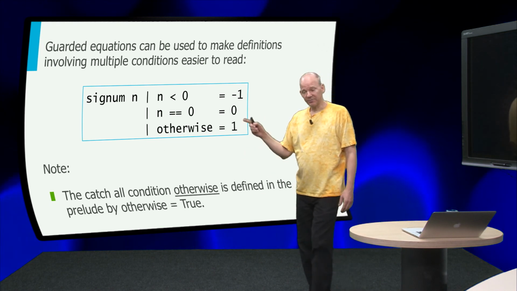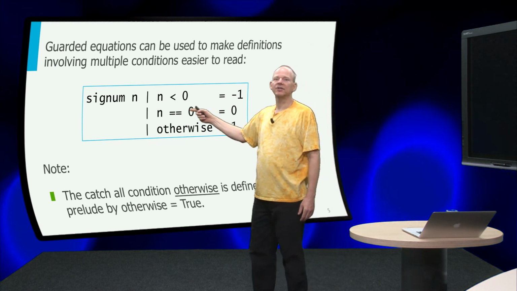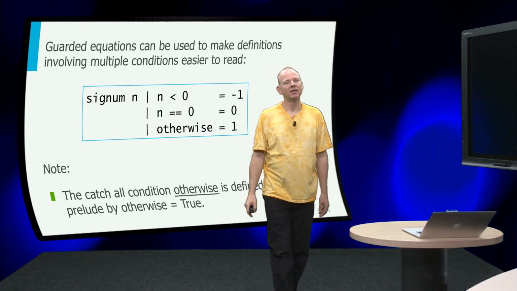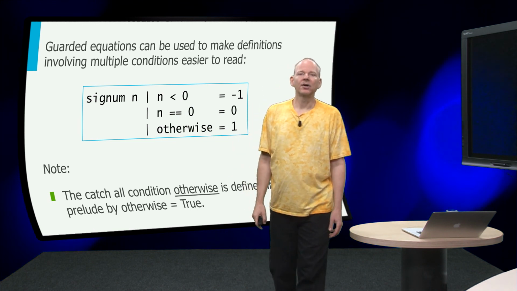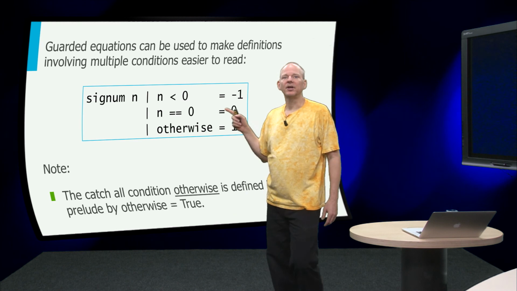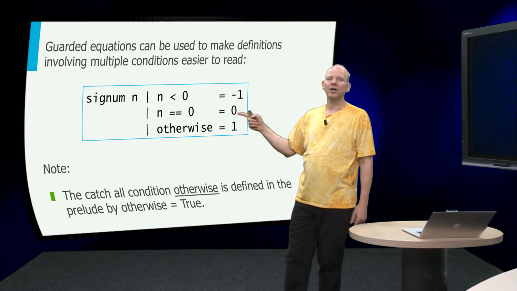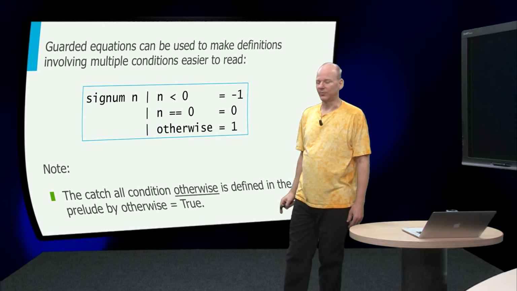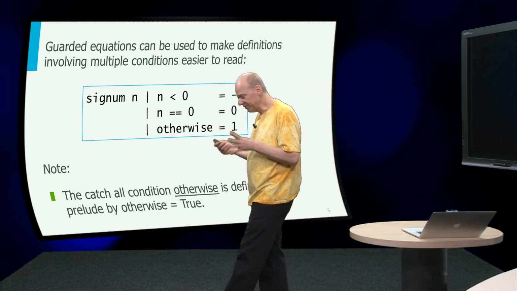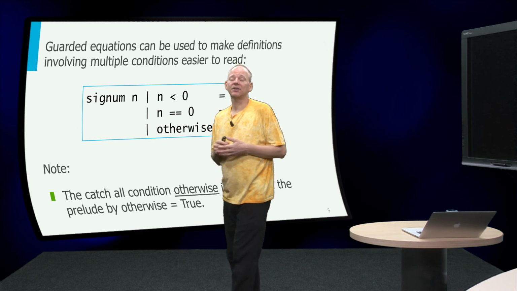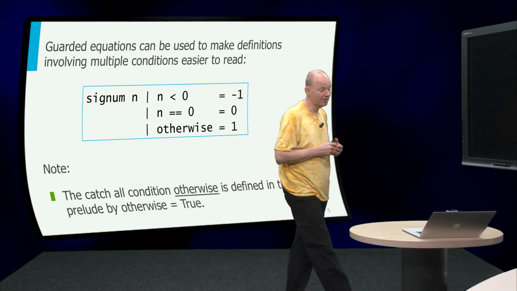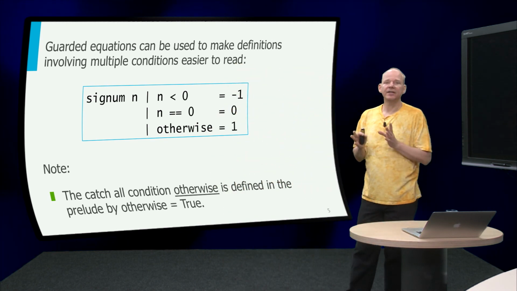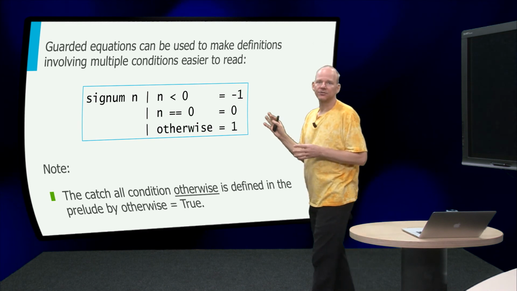And the other function, especially when you have nested conditionals, this becomes even more worthwhile. So in order to define the sign of a number, if it's less than 0, -1. If it's equal to 0, 0, and otherwise it's 1. So here you see the mathematical heritage of Haskell, where we like to write things in a very concise way.